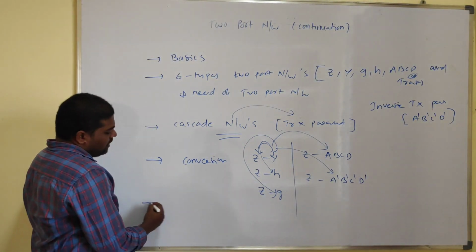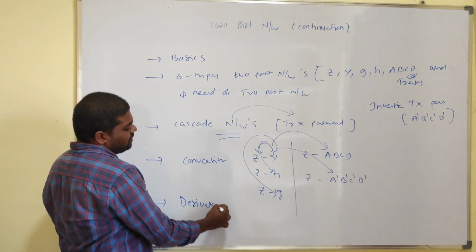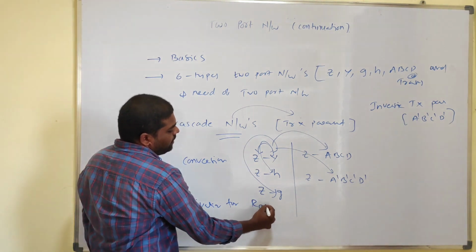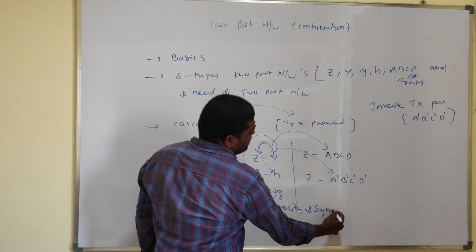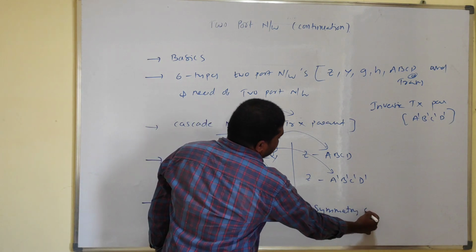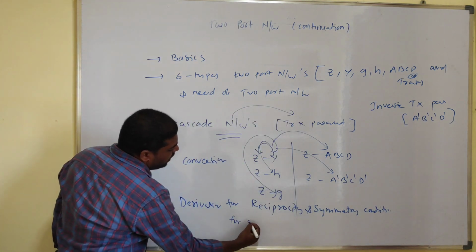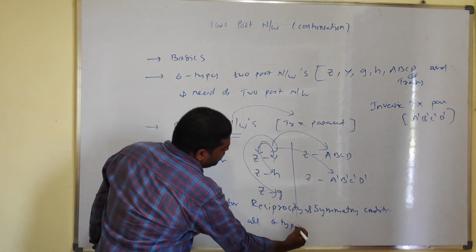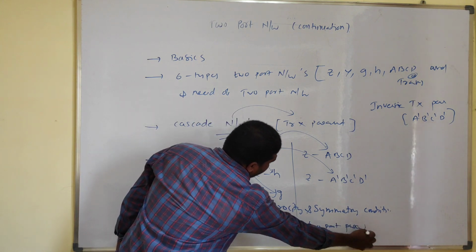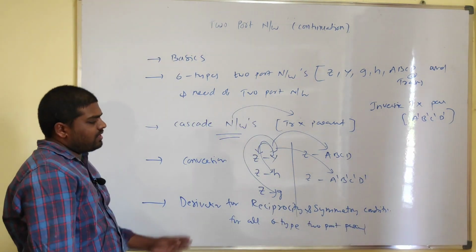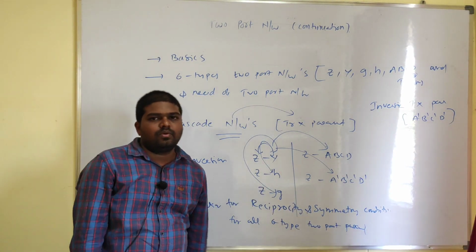Okay, next one, derivations for reciprocity and symmetry conditions for all six types of two-port parameters.